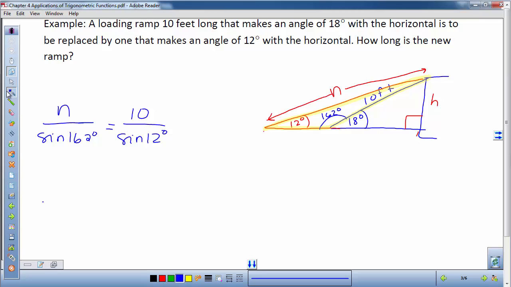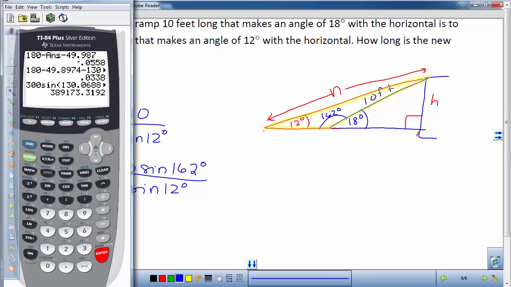All right. So then in that case, we get n equals 10 sine of 162 degrees over sine of 12 degrees. And so we can simplify the right side there: 10 sine of 162 divided by sine 12.